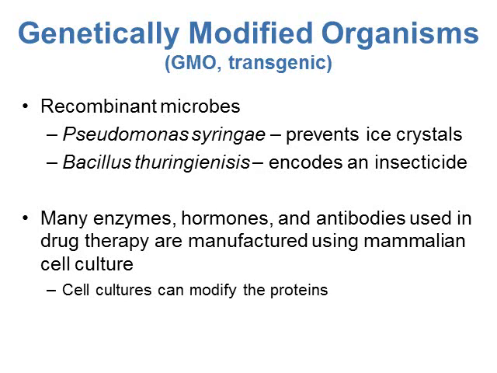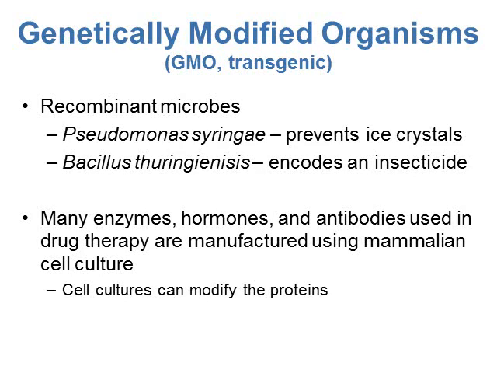Pseudomonas syringae prevents ice crystals in different liquids, so we can put this bacteria in there to prevent the liquid from freezing or forming ice. Bacillus thuringiensis, hope I'm saying that right, encodes an insecticide, so we can put this bacteria into different plants, and then that plant can produce its own insecticide.